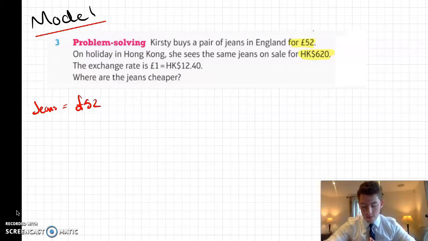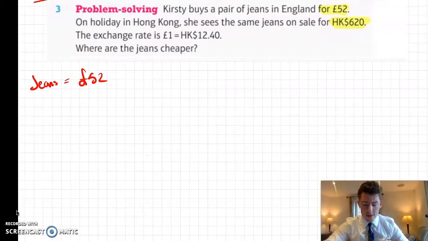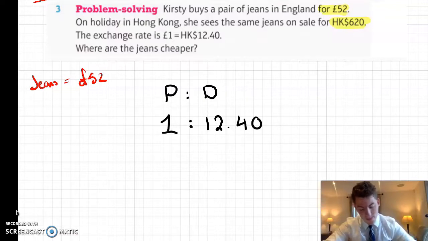Okay, so let's break this up. Where are the jeans cheaper? So we do a conversion here. So we know that pounds to Hong Kong dollars, we'll use letters, we'll do British pounds and we'll do Hong Kong dollars with D. Okay, so £1 we know equals $12.4.